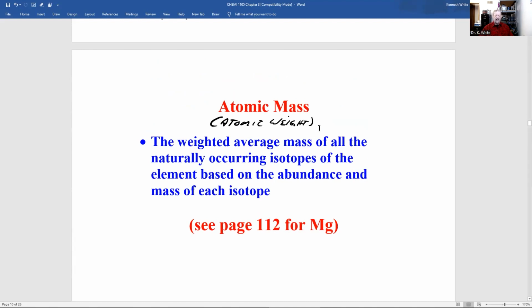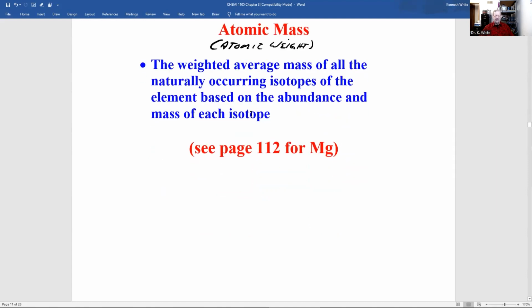Now, what is the atomic mass? It's the weighted average mass of all naturally occurring isotopes of an element, based on the abundance and mass of each isotope.